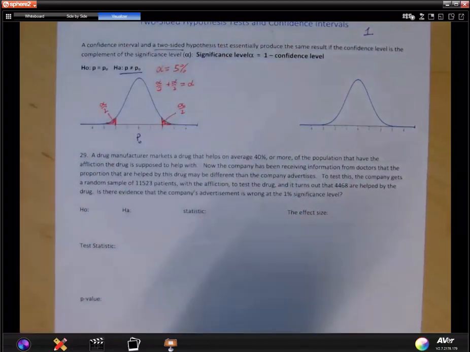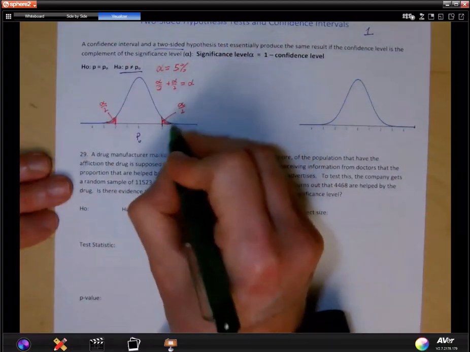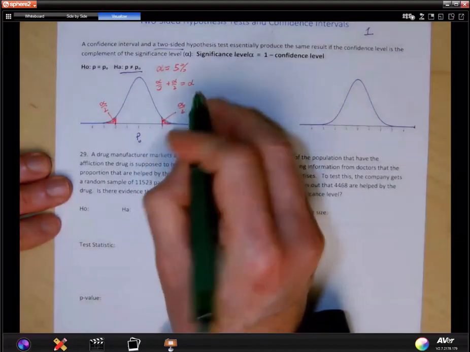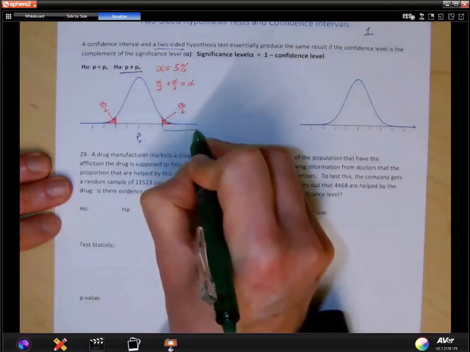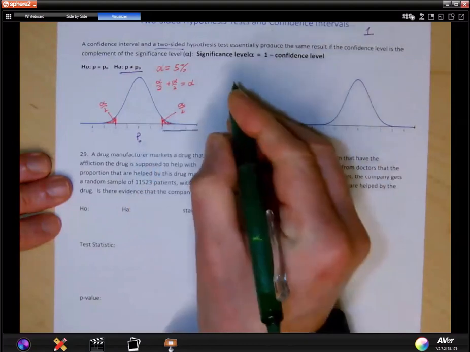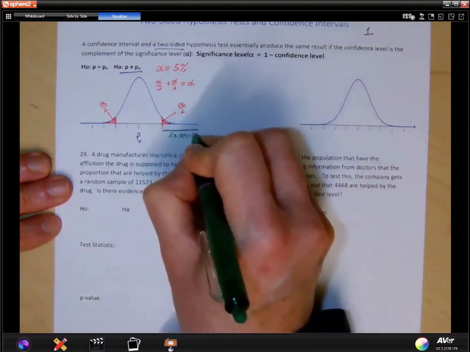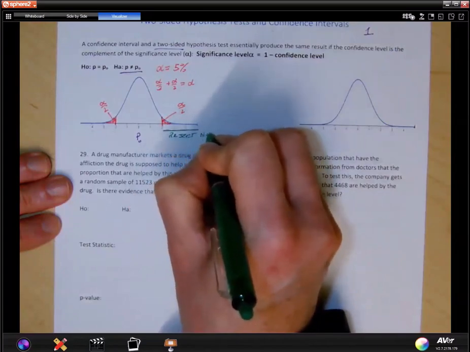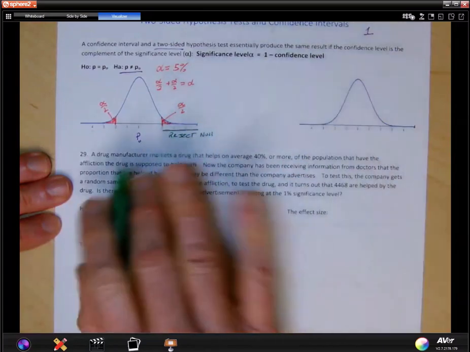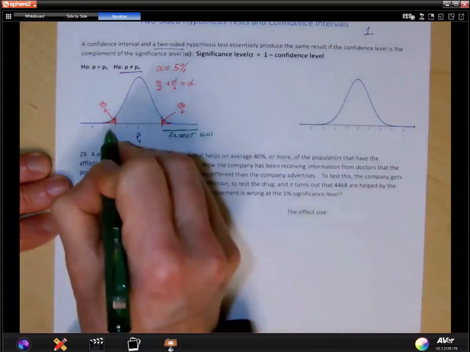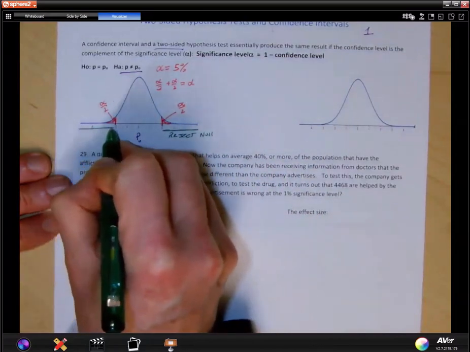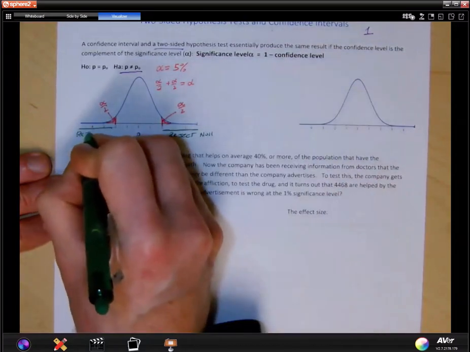And let's also talk about a couple of things. So this right here is my significance level, and that means that if my p-hat value lands somewhere here, that means reject the null. Okay. So we're going to reject this null value. If it lands here, what happens? Well, we also reject the null.